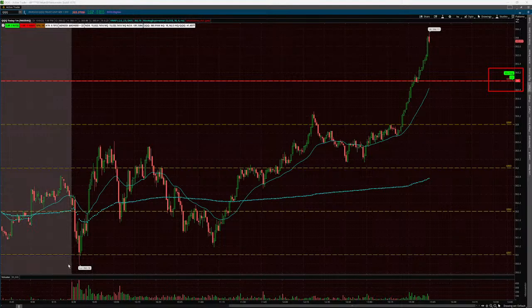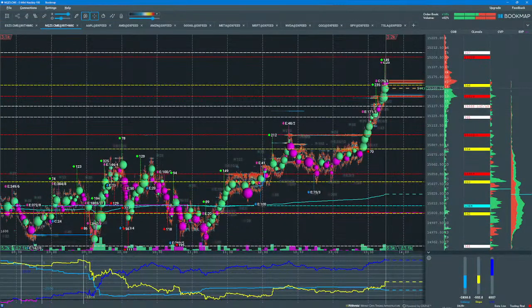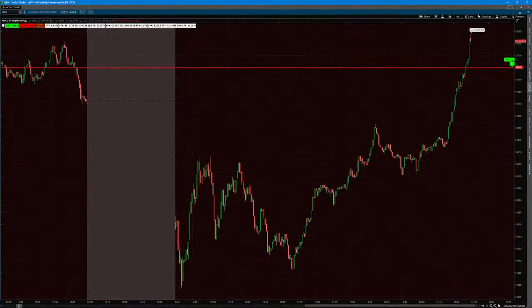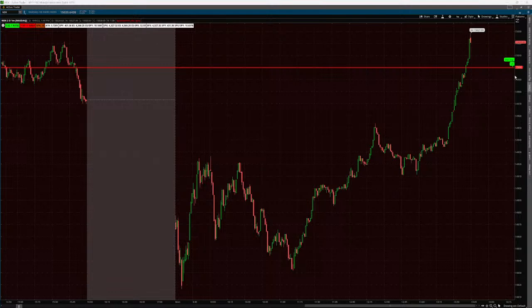Note the 361 level, that's not a spot gamma level, did act as support just after the cash open. All right, so those are the QQQ levels. Let's take a look at NDX just for completeness. So NDX really not much to see here other than NDX is trading above its volatility trigger as well at 15,000.